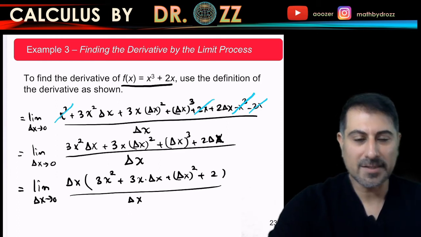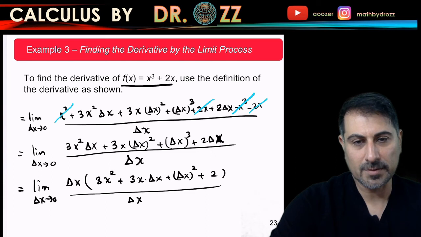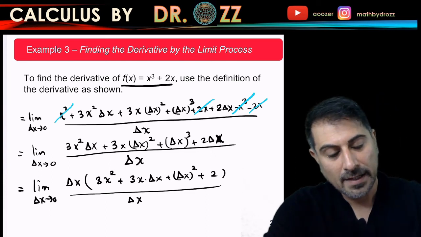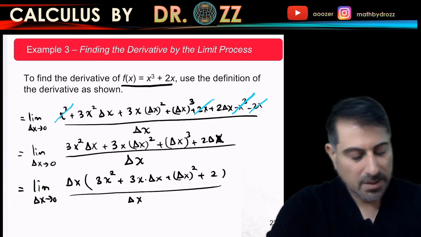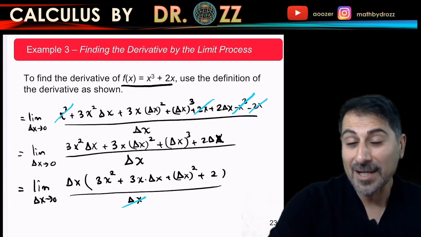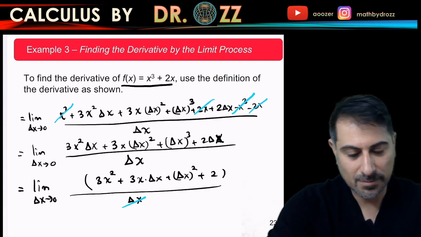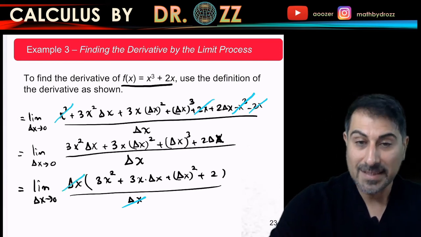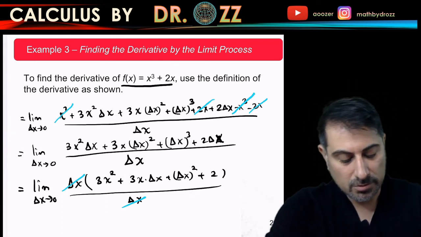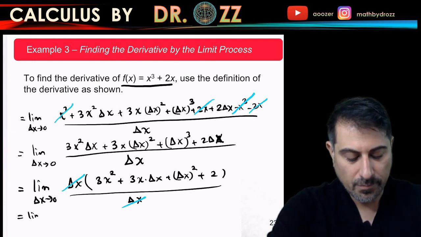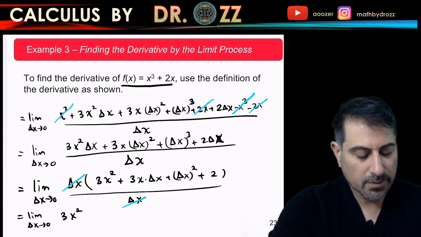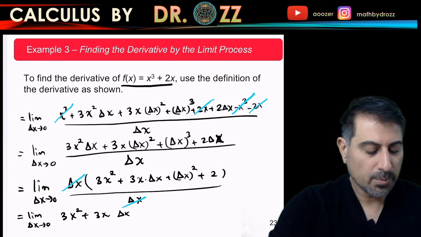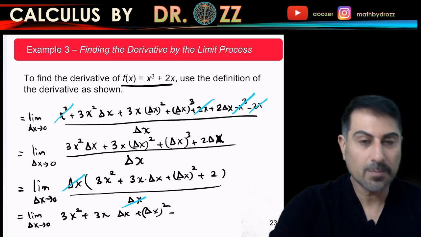And remember that delta x in the bottom was causing the 0 over 0 type indeterminate form, but after using algebra and rewriting the top, now we can cancel out or divide out delta x's, right? This is almost like the dividing out technique that we learned earlier. So we can divide them out, and this limit turns out to be the limit of 3x squared plus 3x delta x plus delta x quantity squared plus 2.